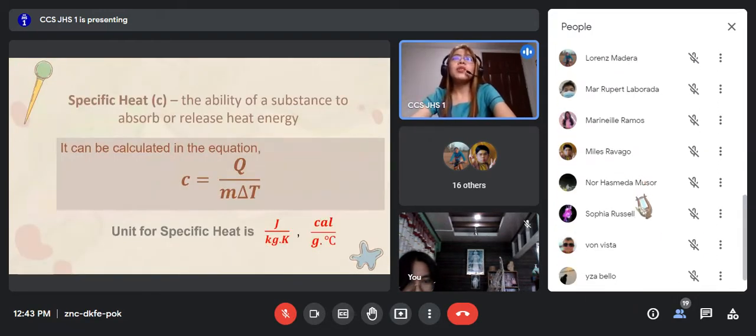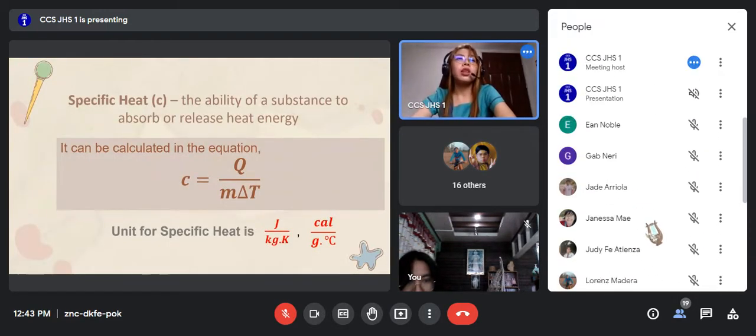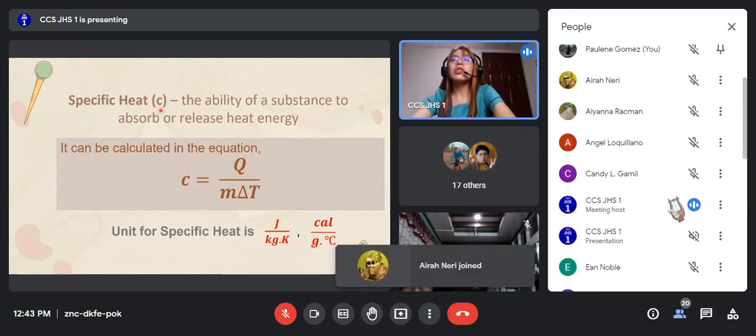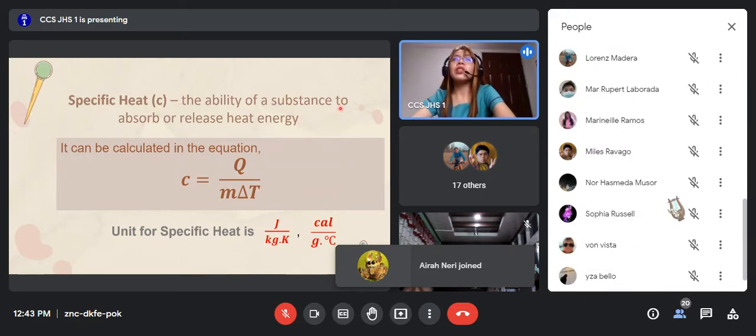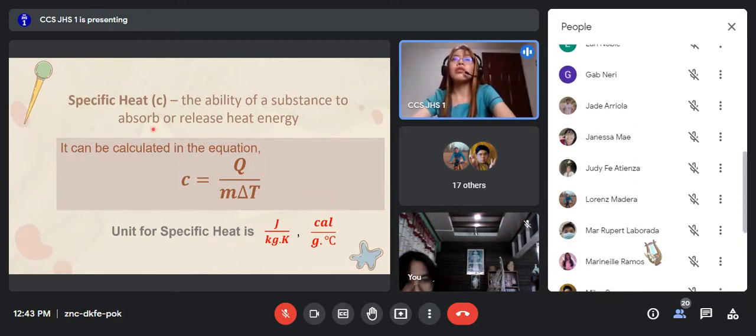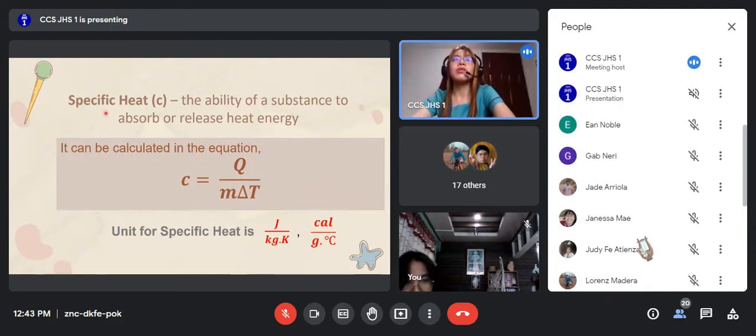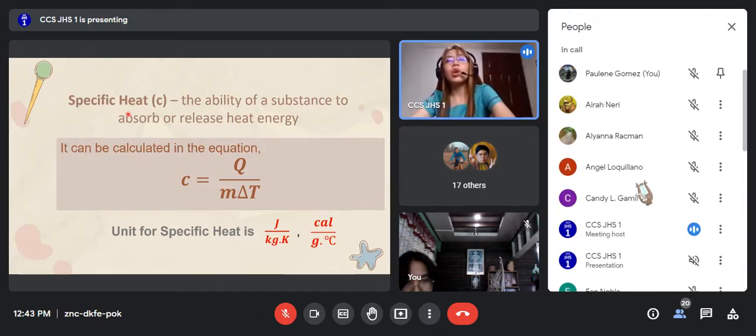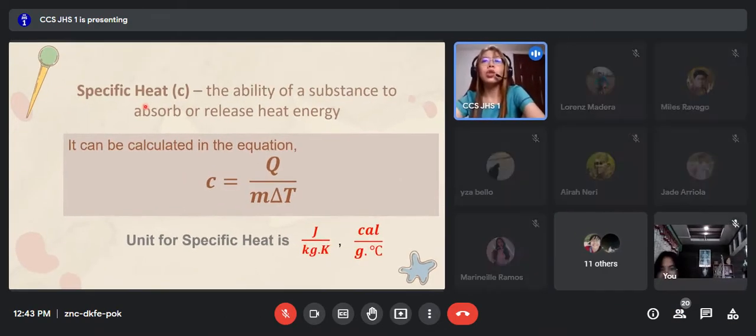When we say specific heat, represented by small letter c, this is the ability of the substance to absorb or release heat energy. There are different constant values in terms of the specific heat, like the specific heat of water, specific heat of aluminum.